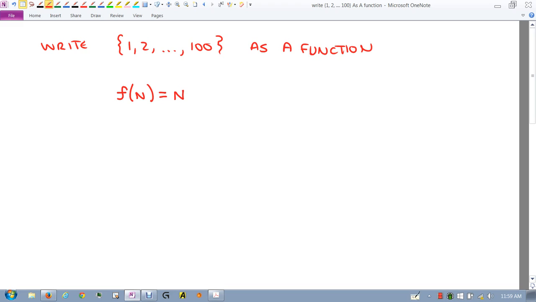But you need to be able to stop it. So how do I tell you to stop it? Positive integer less than or equal to 100. And this becomes a pain to write it this way, doesn't it?